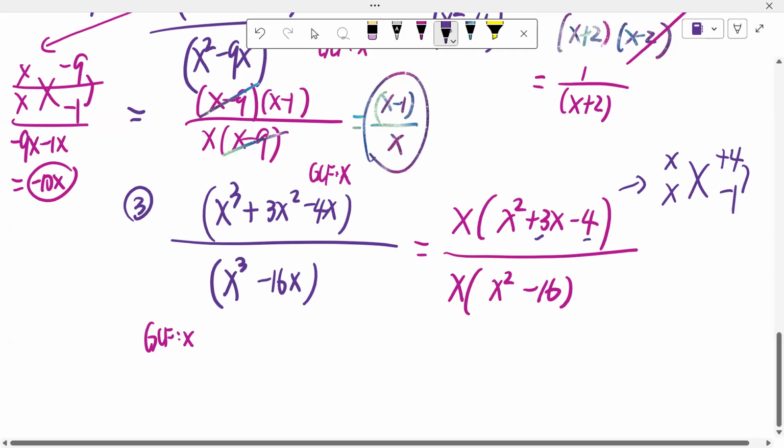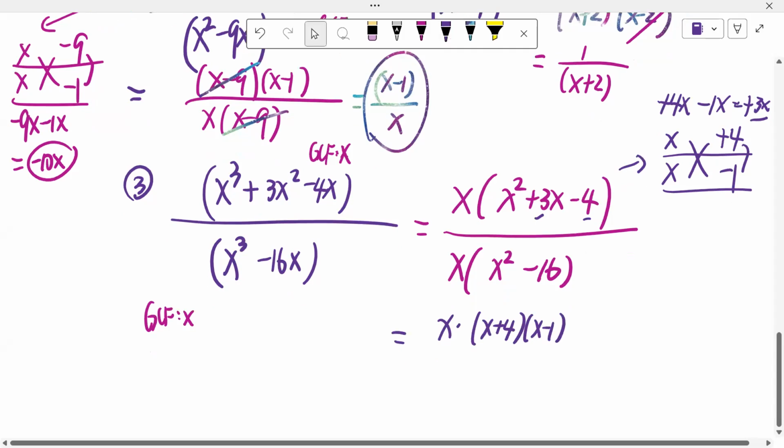So you can also double check by cross multiplying: +4x minus 1x, that is +3x, and that is exactly the middle term. So it will be x times (x + 4)(x - 1).